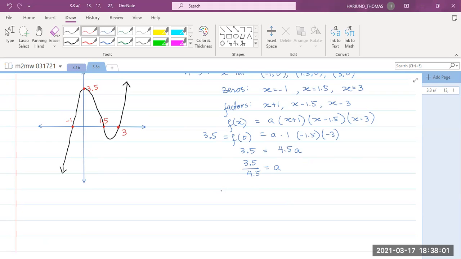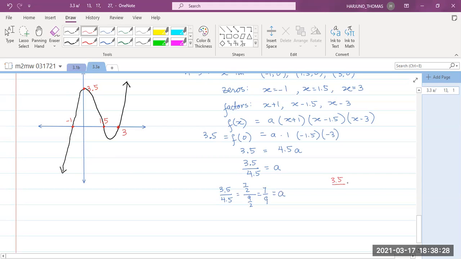You can change all of these decimals into fractions. 3.5 is 7 over 2, and 4.5 is 9 over 2, which gives 7 over 9. That's one way. Another way is to multiply the top and the bottom of 3.5 over 4.5 by 2.